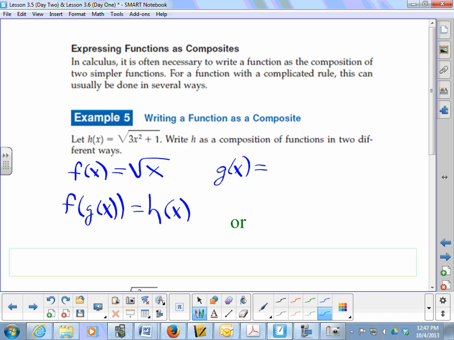That's the most basic thing: my parent function is going to be f of x. So then what will g of x have to be so that when I'm done, I get the square root of 3x squared plus 1? What do I need to replace the x with to get that? 3x squared plus 1.